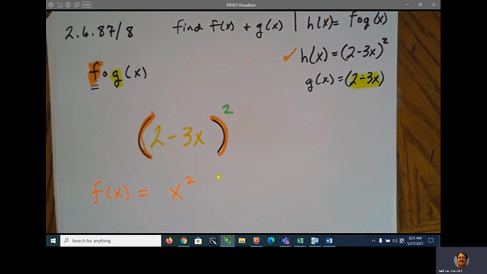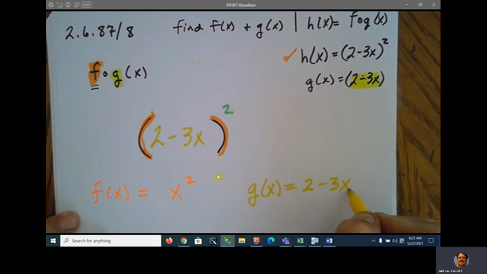Let's check it. And G of x, let's do it in yellow. G of x is equal to 2 minus 3x. So what's F composed of G? F composed of G, this is a check.